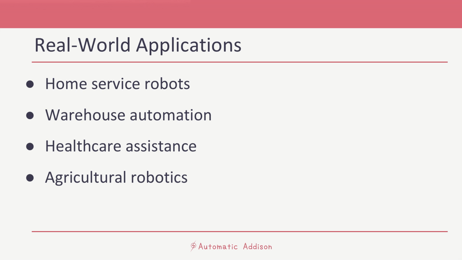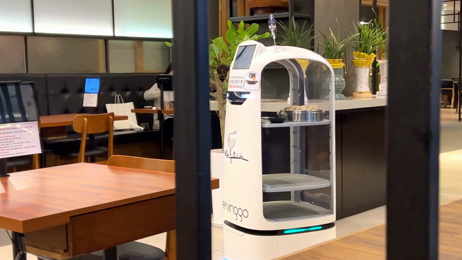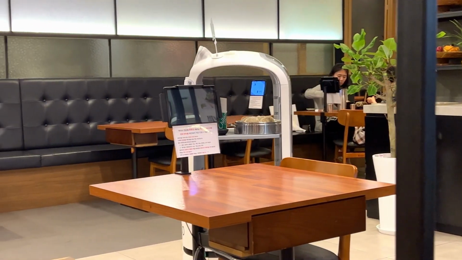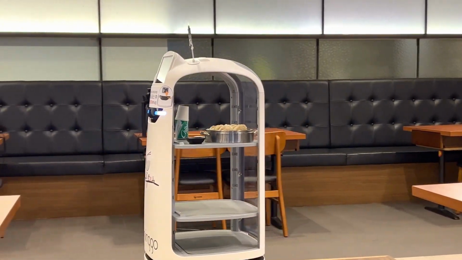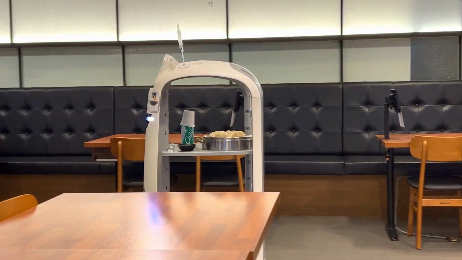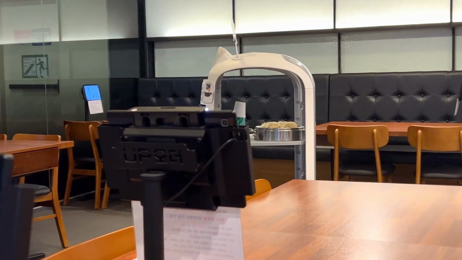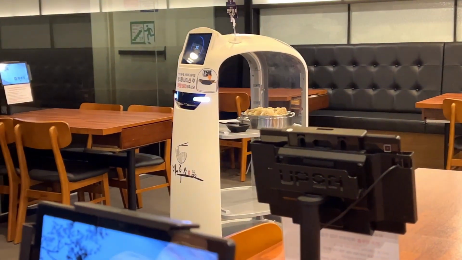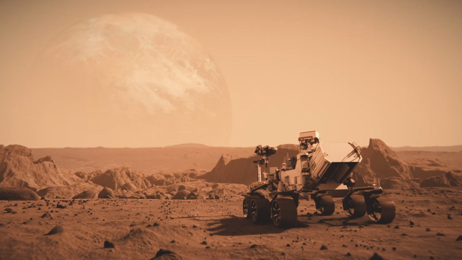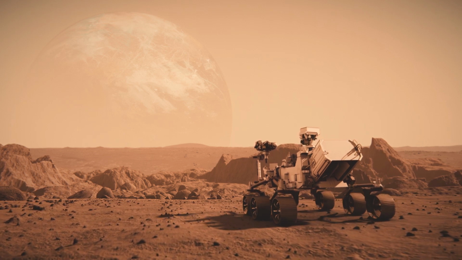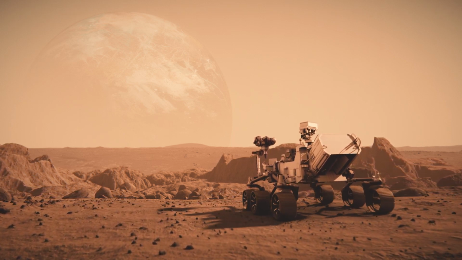Fourth, hospital and healthcare. In hospitals, autonomous mobile robots can be used to transport medical supplies, medication, or even patients. They can navigate through the hospital corridors and elevators, ensuring timely and safe delivery of essential items. Finally, search and rescue. In emergency situations, autonomous robots can be deployed to search for and rescue people in hazardous environments.